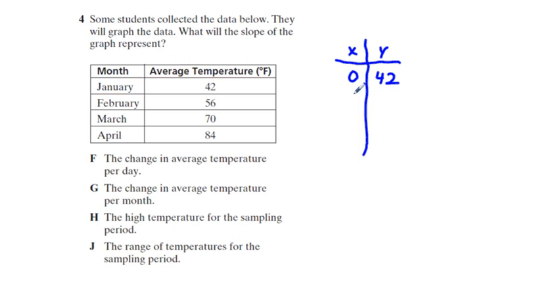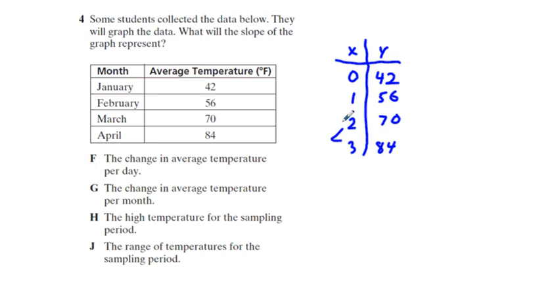February would be month 1, 56. March would be 2, would be 70. And then April would be 3, which would be 84.